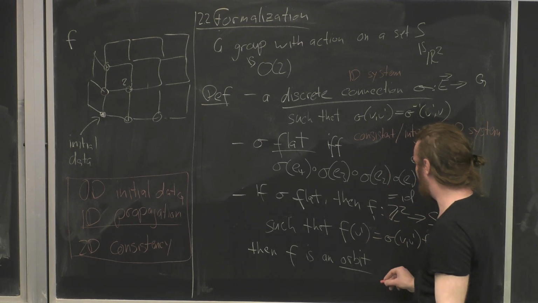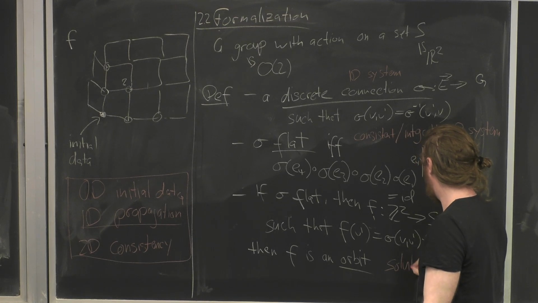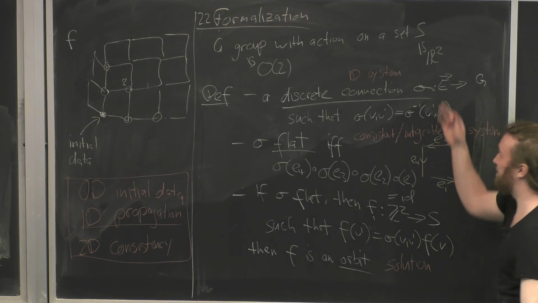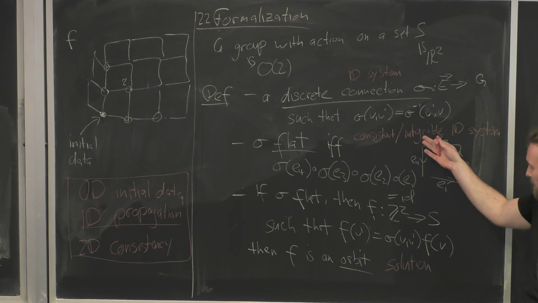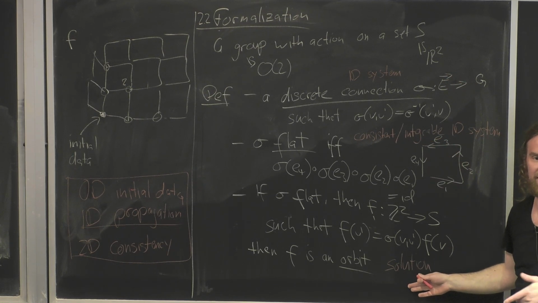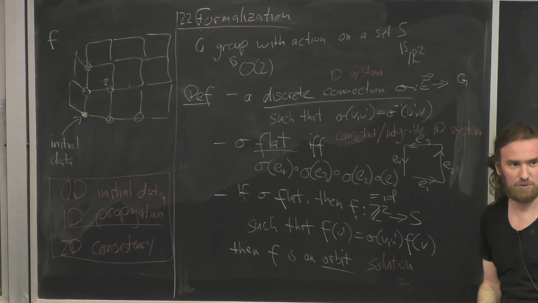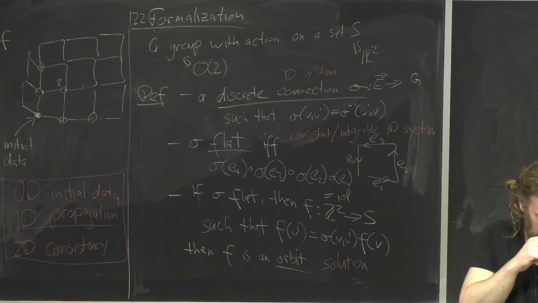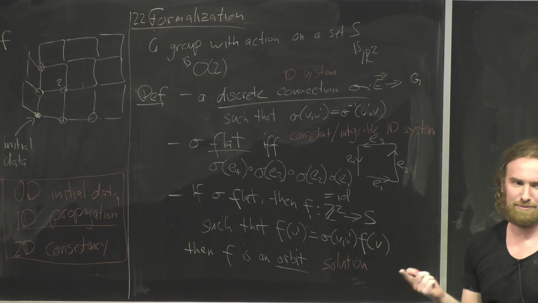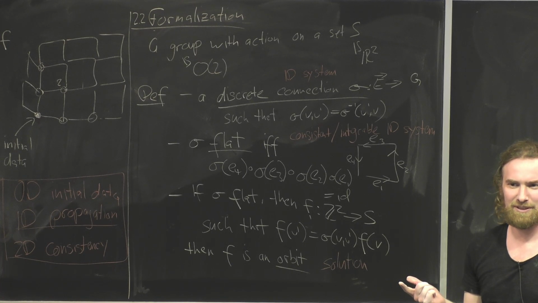And F is called a solution. Now you have some system. If you can propagate it, then it's consistent or integrable, and then the actual thing that you are propagating is the solution. Oh yeah, we had another example, at least one more example in the tutorials. Anyone has an idea?